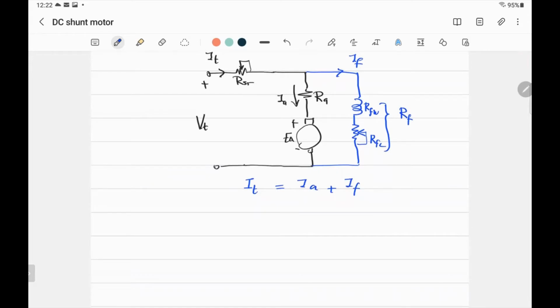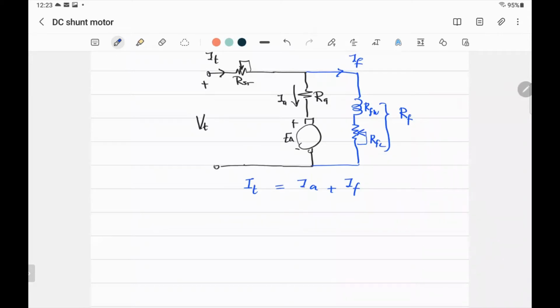And we observe the voltage. The terminal voltage, if you don't have the starting resistance or RSCR, the voltage of the supply is the same in parallel across the armature and the field. So the field voltage is the same as the armature voltage when you don't have starting.